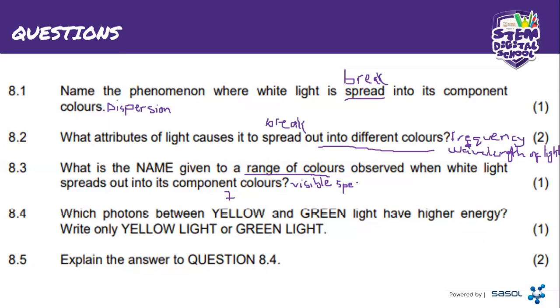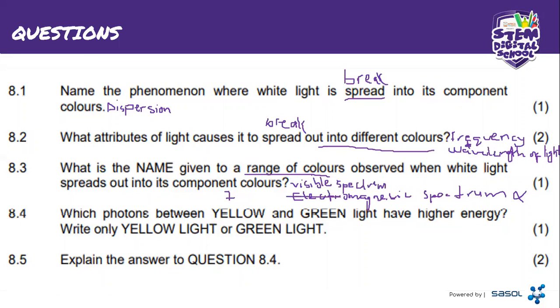And my dear learners, I have seen a couple of mistakes where learners write electromagnetic spectrum. You can't talk about electromagnetic spectrum there, because when you say electromagnetic spectrum, you are talking about the range of the different types of electromagnetic waves that we have. Are we together?